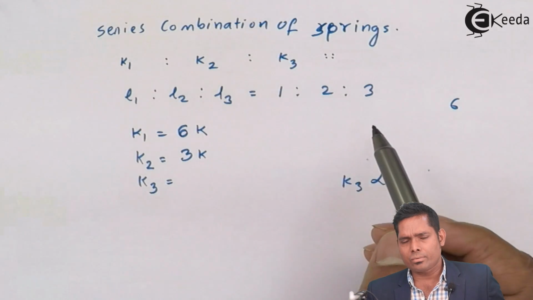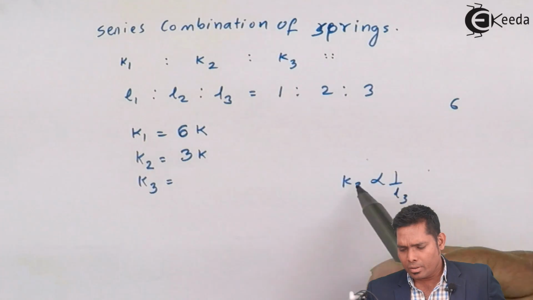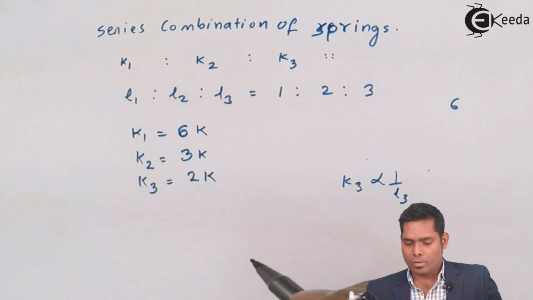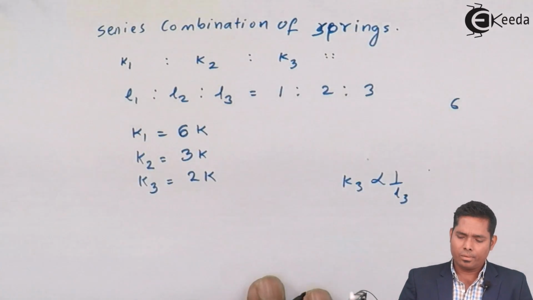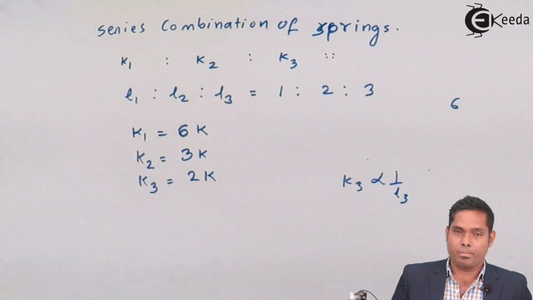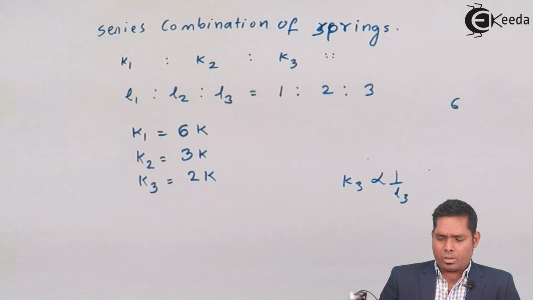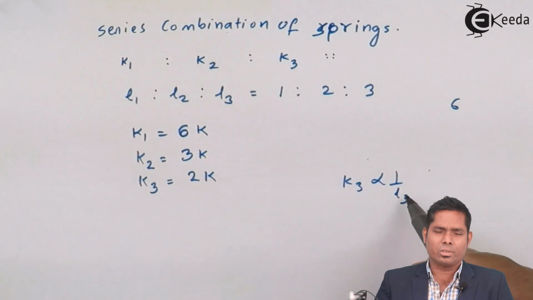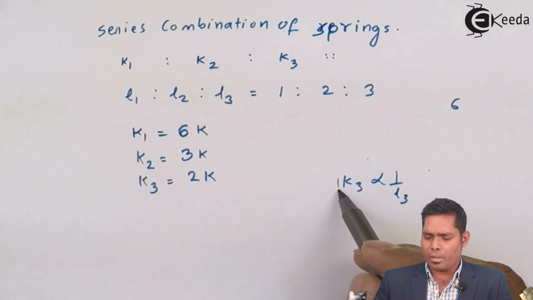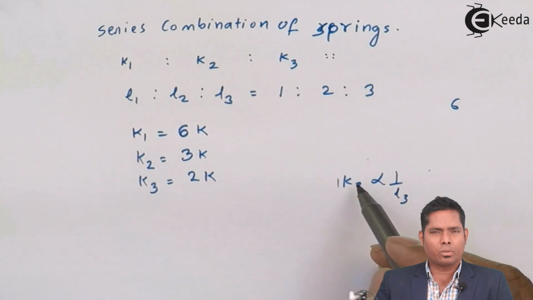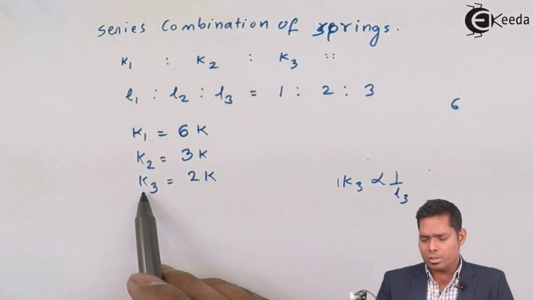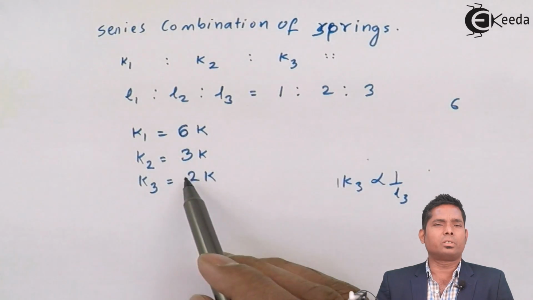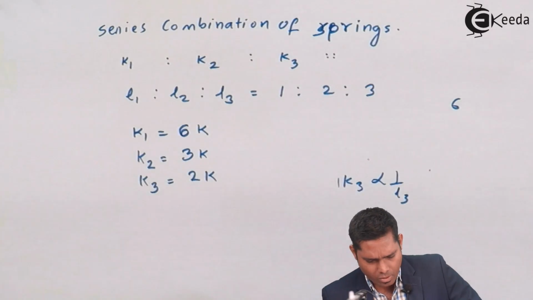If L3 is half, then K3 will be double, so it is 2K. The longer the length, the smaller the spring constant. This has a length of 3 parts, so its stiffness constant is very small.